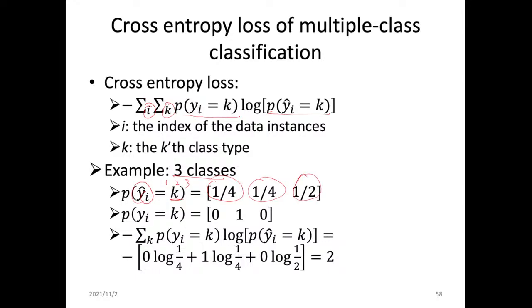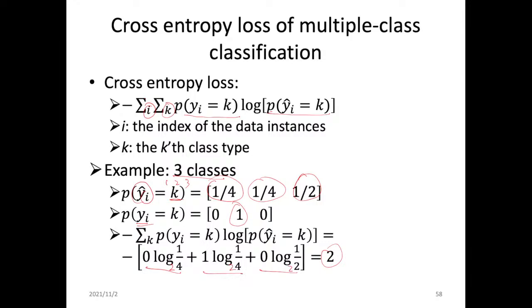If in fact this instance belongs to the second class, then by cross-entropy loss, this will be 0 times log 1/4, plus 1 times log 1/4, plus 0 times log 1/2. So this will give us 2, because these logs are base 2.